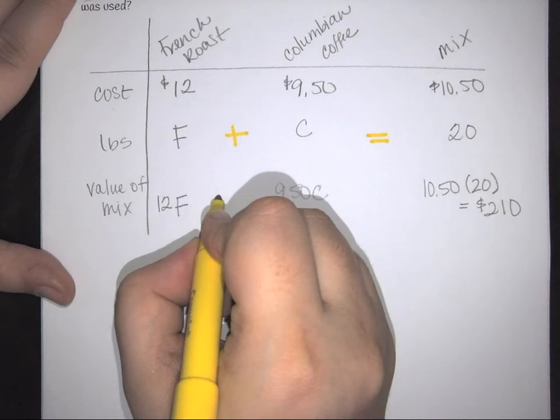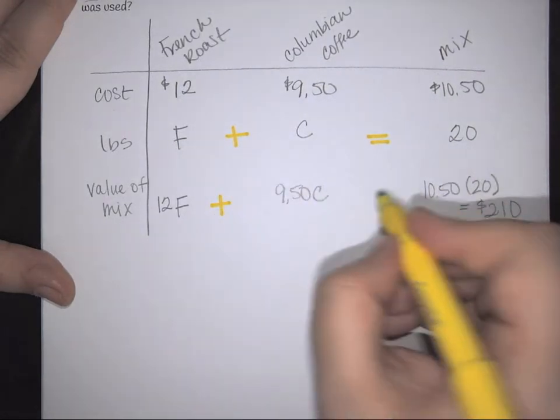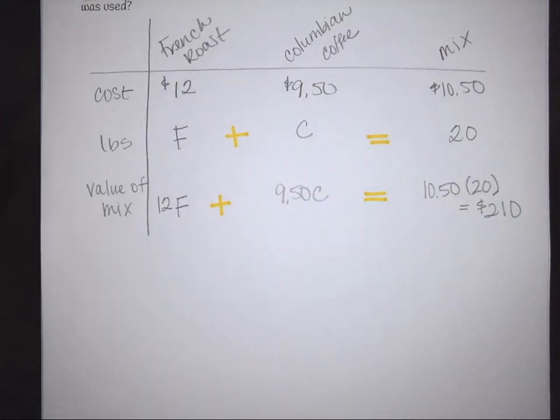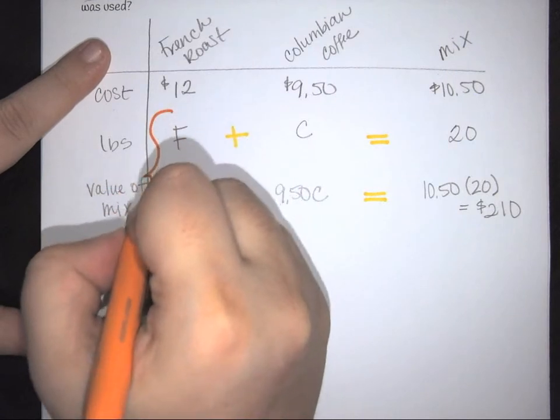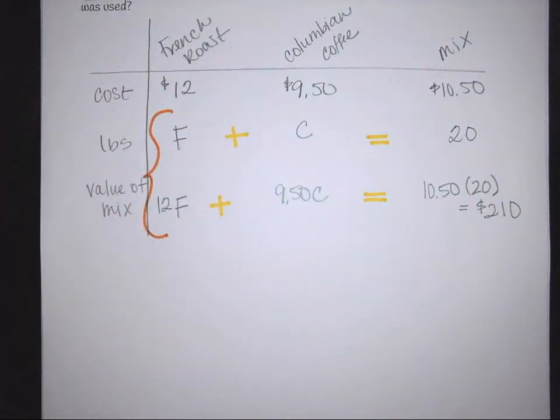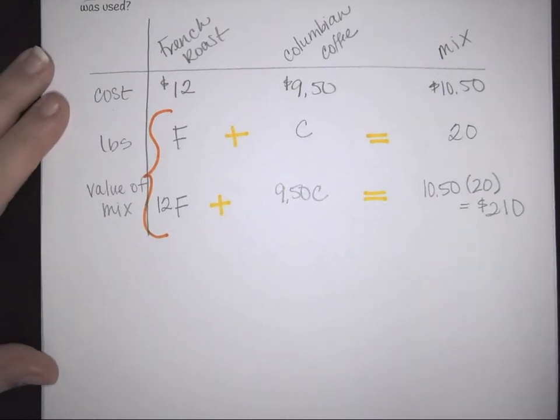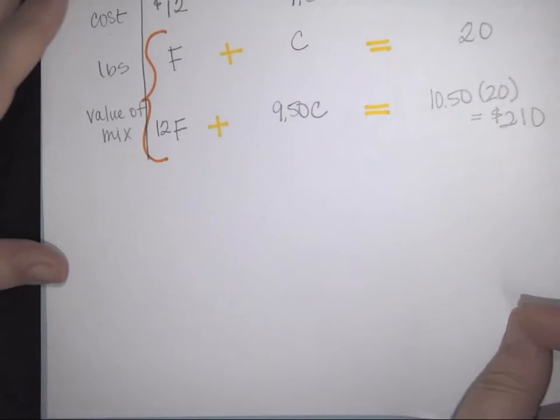And the value of my French plus the value of Colombian has to equal the total value of the coffee. So if you look very closely, you can see that this right here is your system. And this is how you would use a table in order to create your system for solving. Okay? So now all we have to do is solve it.